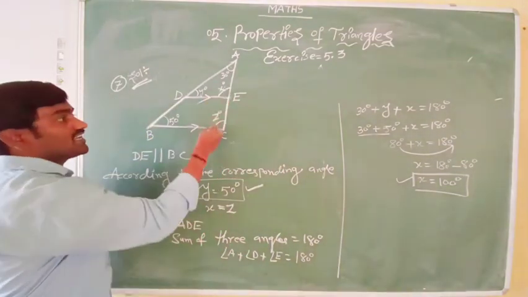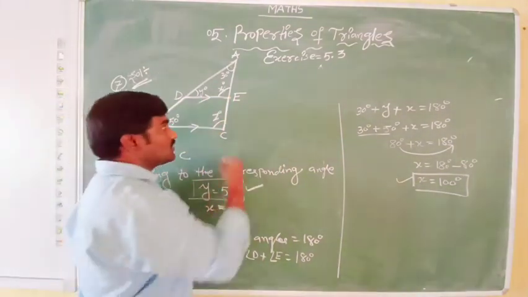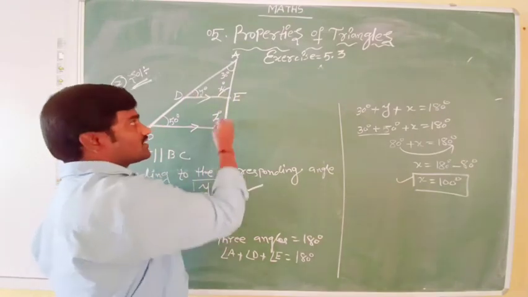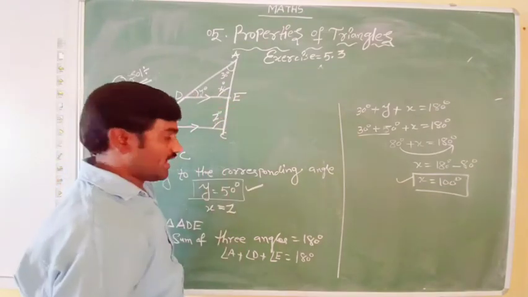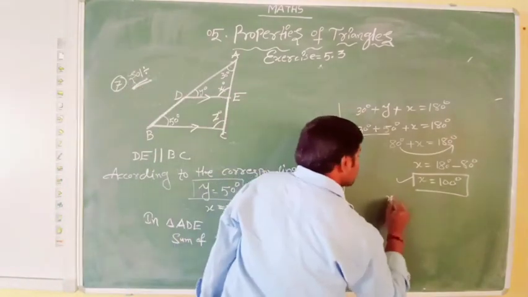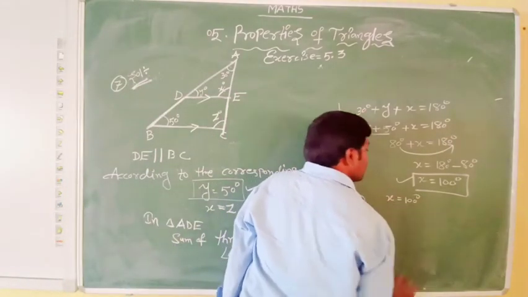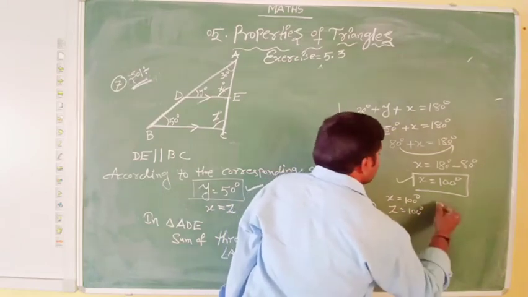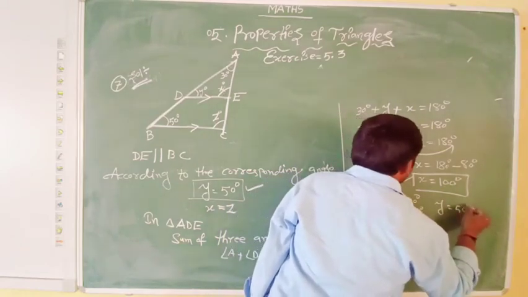I already told you X and Z are corresponding angles, when DE is parallel to BC and CE is a transversal. So if angle X equals 100 degrees, then Z is also equal to 100 degrees. Y is already given as 50 degrees.